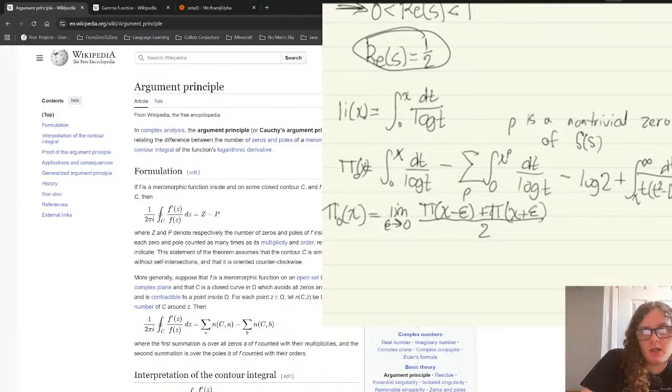Meromorphic just means that it is analytic or infinitely differentiable everywhere except a countable set of points. We're doing this to a contour integral of the function's logarithmic derivative.